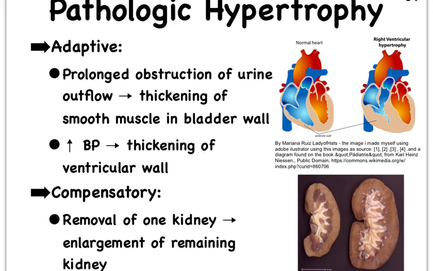Another example would be that smooth muscles get thicker because there has been some kind of obstruction, perhaps a prostate has been obstructing the flow of urine in a man.